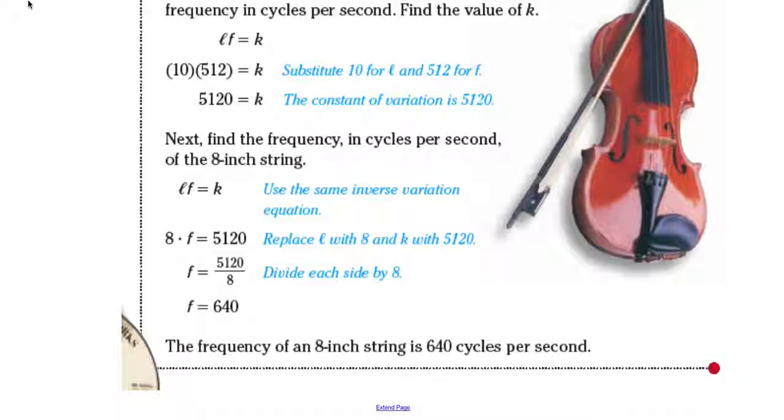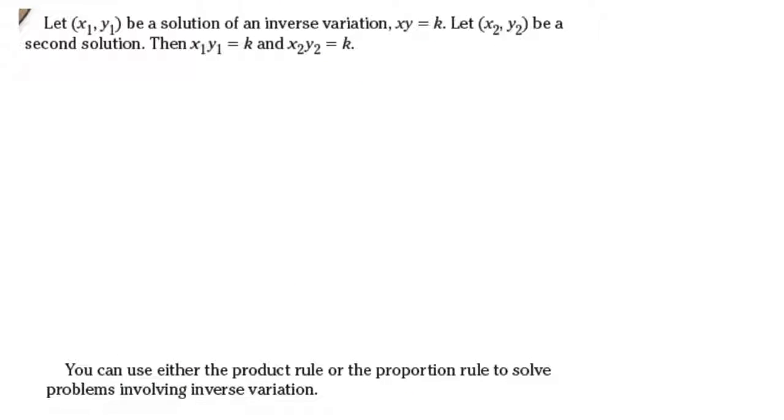And just like in a direct variation equation, we can find another equation for our inverse variation equation. Let x1 y1 be a solution for the inverse variation xy equals k, and let x2 y2 be a second solution.